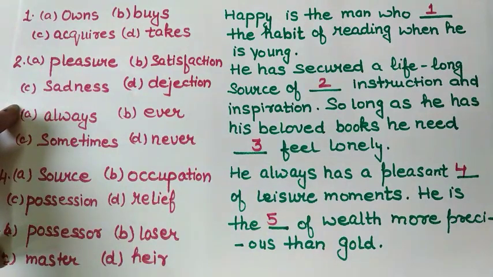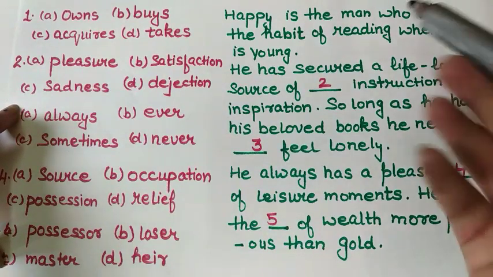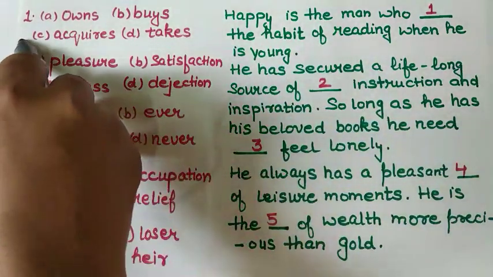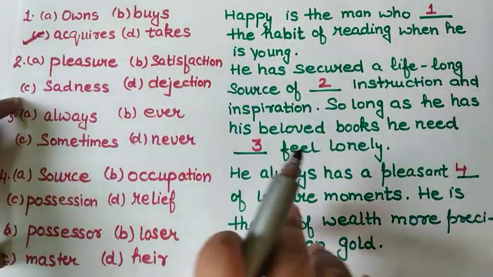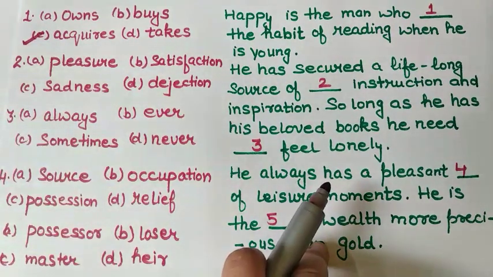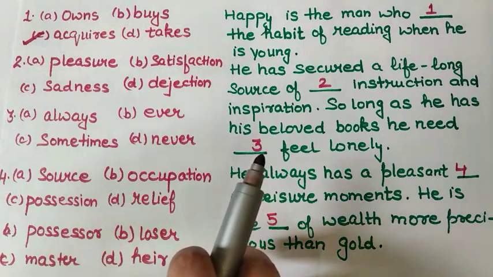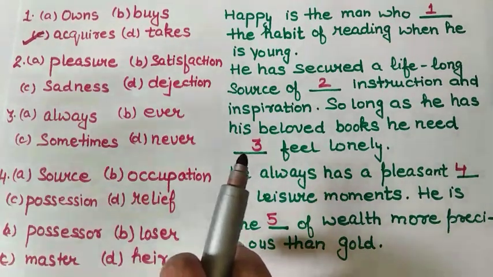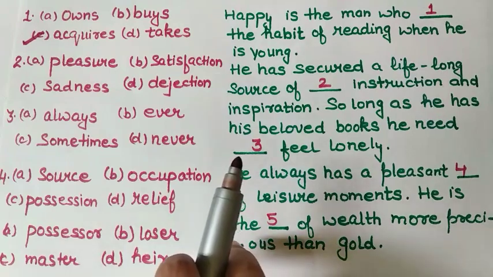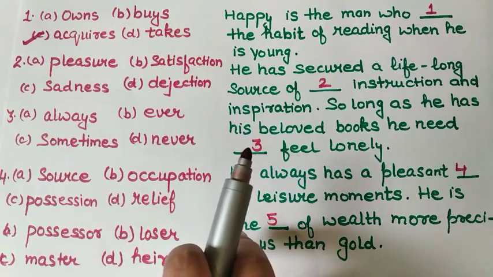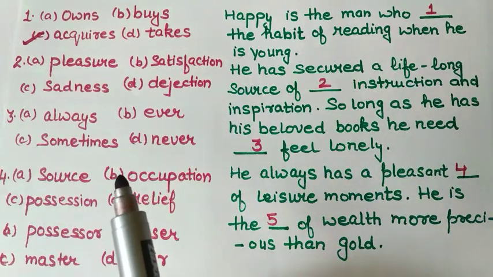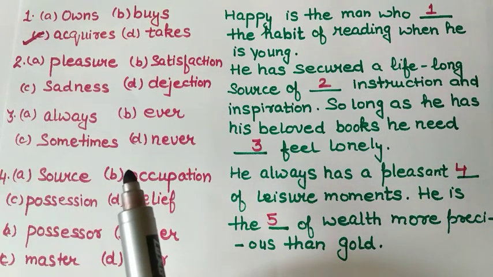Now here I can see that when I am talking about a habit, I must use acquires, right? Why am I using acquire? Acquires means to get something, right? You cannot own, you cannot buy a habit, you cannot take it from somebody, but you get it yourself. So happy is the man who acquires the habit of reading when he is young.